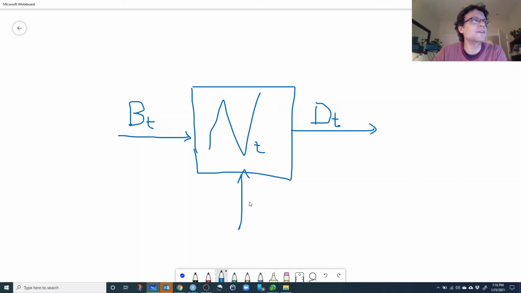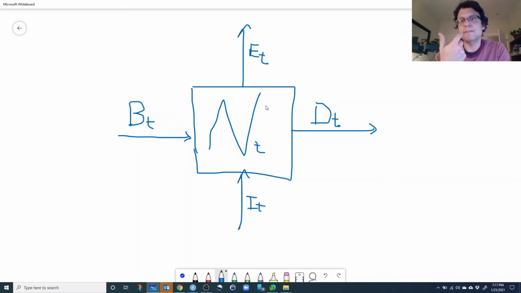I'll draw an in arrow, and I'll represent that as big I. And there might be emigration. I'll represent that as big E. And we could also put sub t there if we want. And now we have really all the major processes that could change this number N over time.